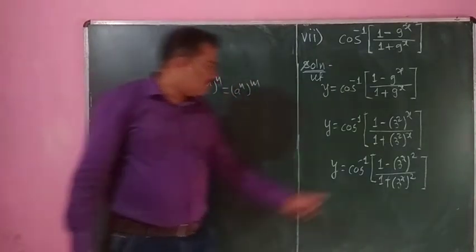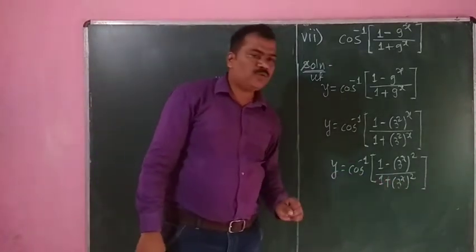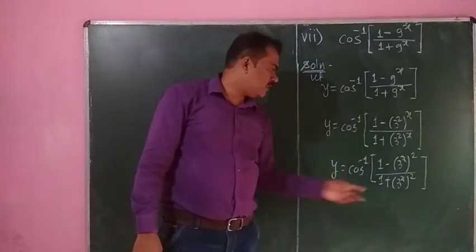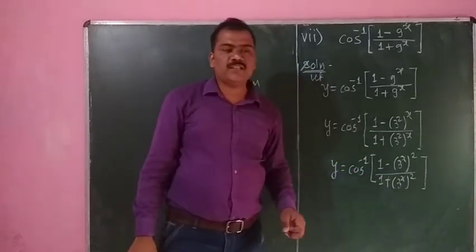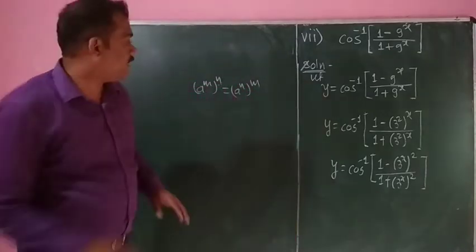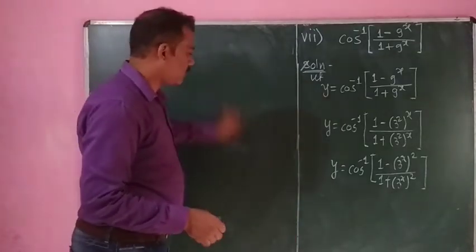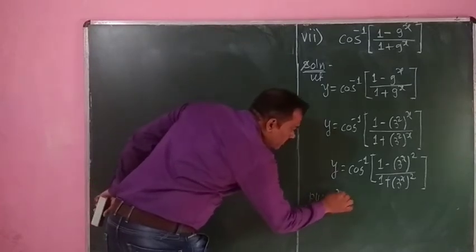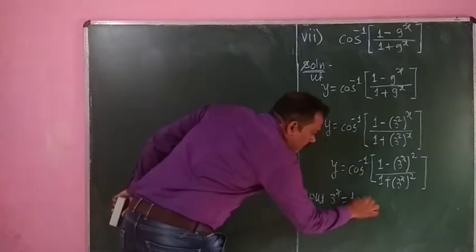Okay, now 1 plus tan square theta and 1 minus tan square theta, that formula we have to know, so we put 3 raised to x is equal to tan theta.